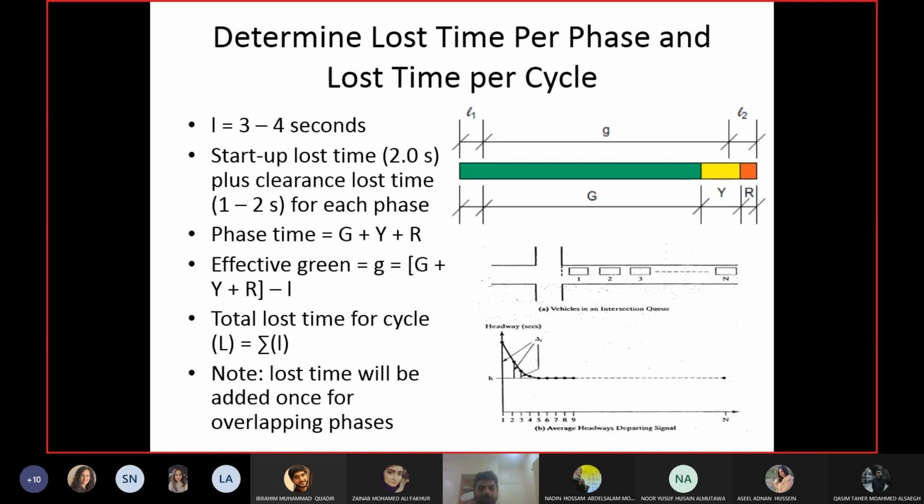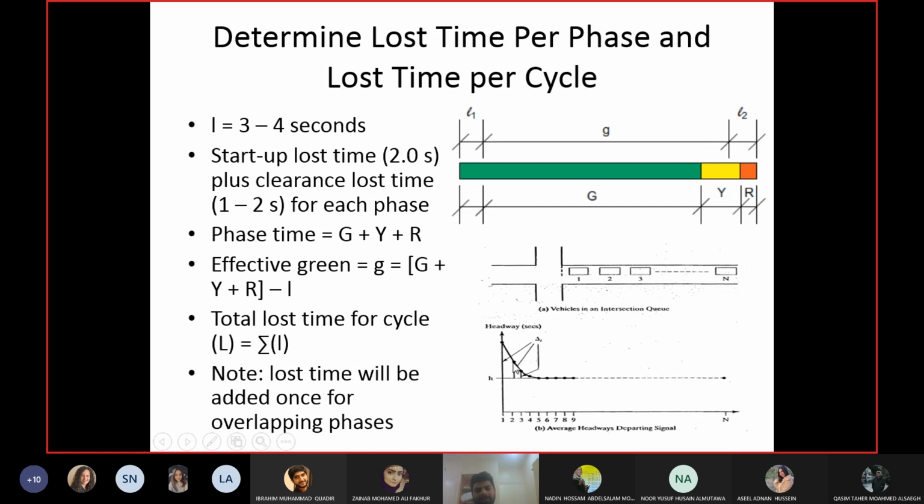So the extra headway consumed by the first 3-4 vehicles in the queue is what we call startup lost time. You can see it in this figure as well. The headways are being plotted, so you can see the first 3 or 4 headways are higher as compared to the remaining headways of the queue. This is the minimum value, which we call the saturation headway, and the first 3-4 vehicles are consuming some extra amount of headway.